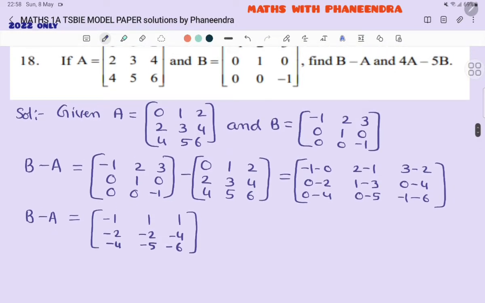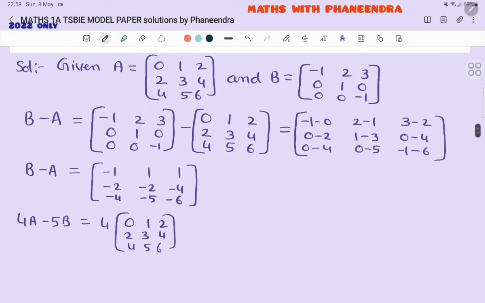Next they are asking 4A minus 5B. So 4 times of A matrix 0, 1, 2, 2, 3, 4, 4, 5, 6, minus 5 times of B matrix minus 1, 2, 3, 0, 1, 0, 0, 0, minus 1.